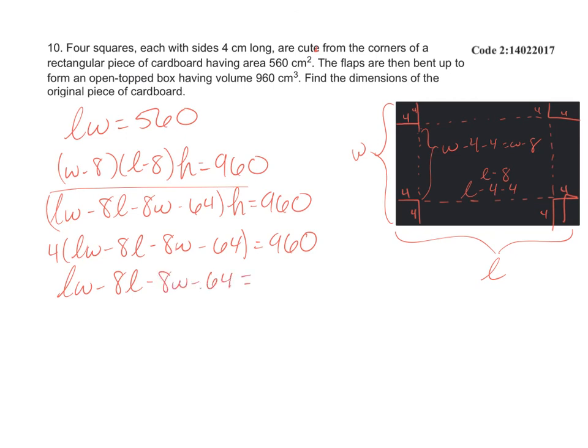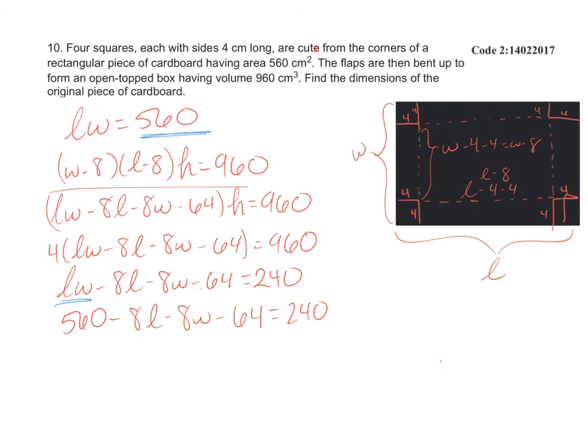And so I end up that L times W minus 8L minus 8W minus 64 is equal to 240. Okay? And so then if you notice, the very first term of our equation, LW, has to be equal to 560 according to our first equation. So we're going to plug in that 560. So we get that 560 minus 8L minus 8W minus 64 has to be equal to 240.